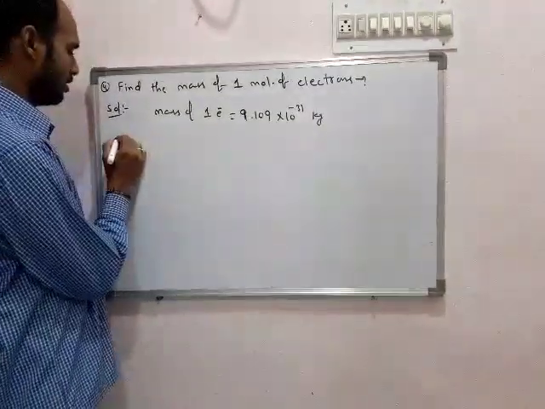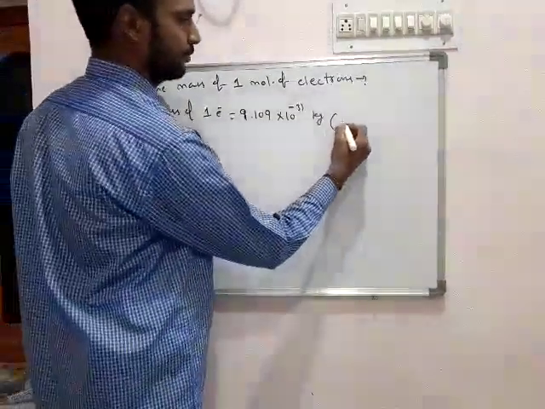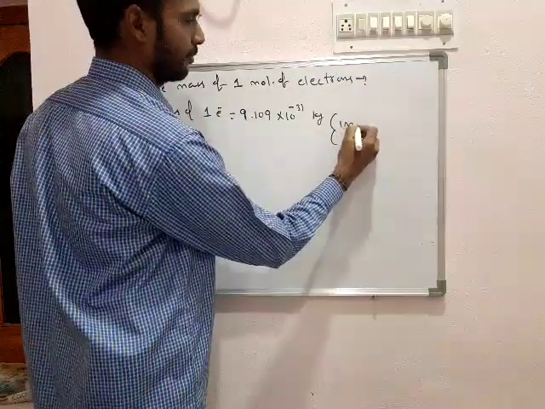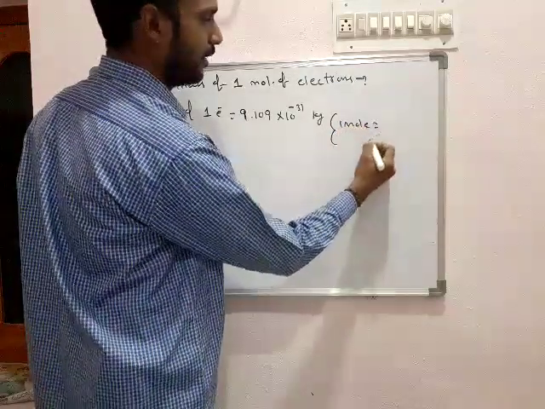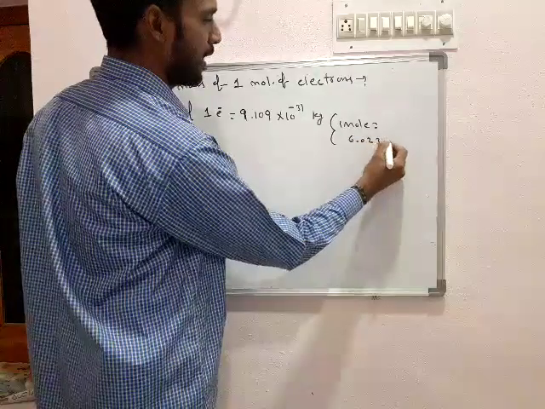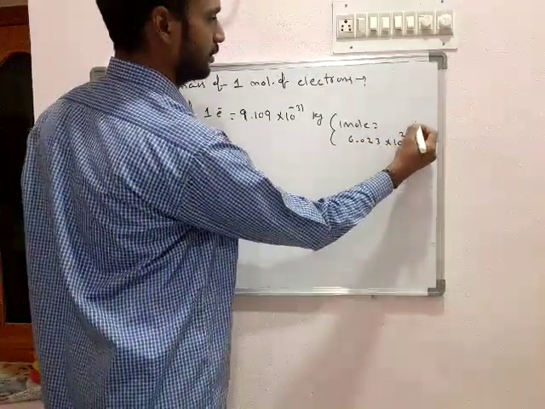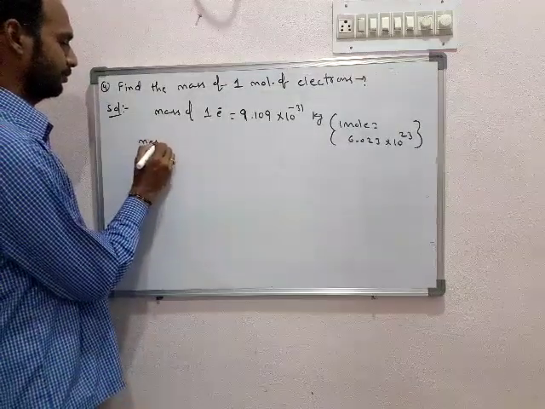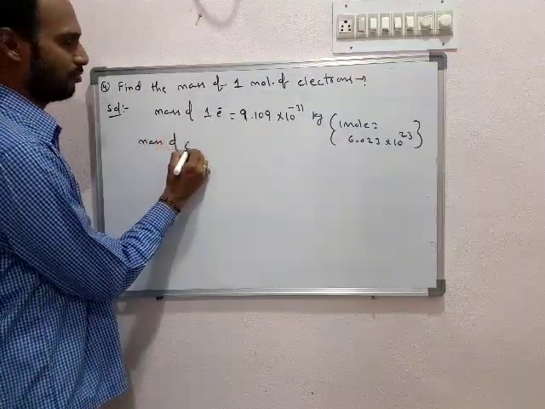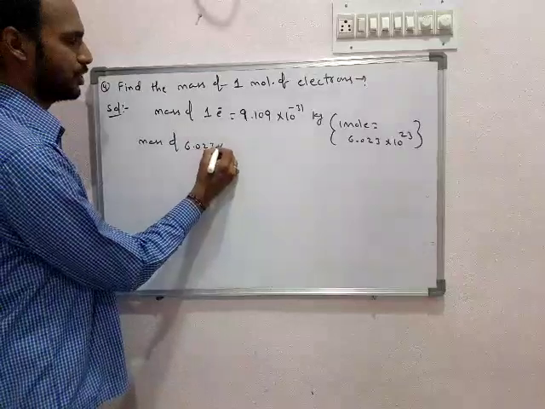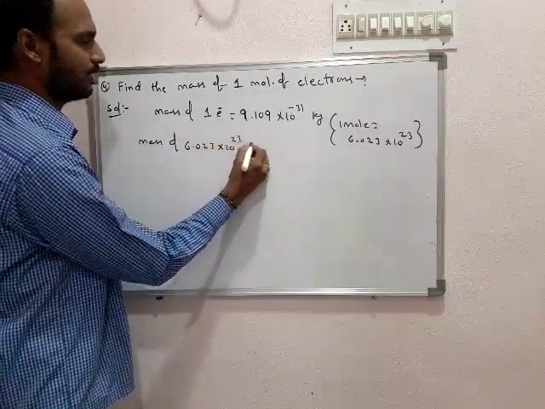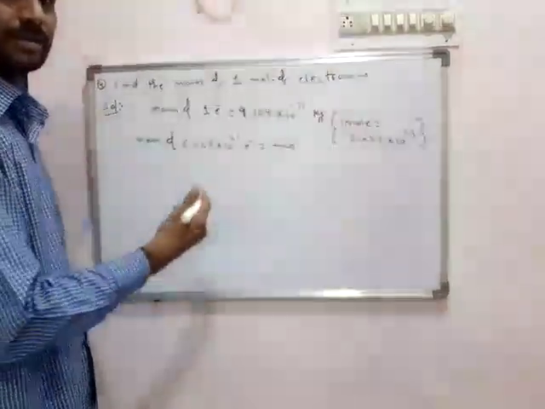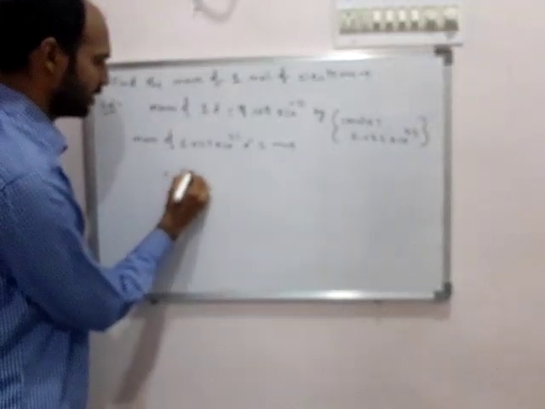We know that 1 mole is 6.023 into 10 power 23. The mass of 6.023 into 10 power 23 electrons is equal to how much? We need to calculate this.